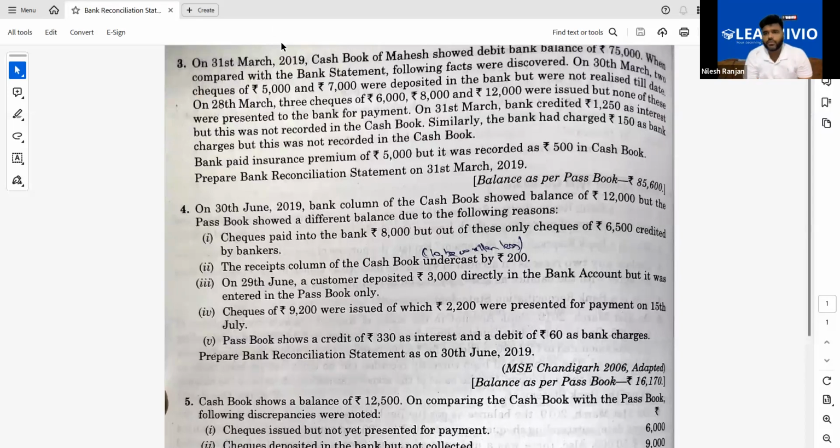So there is a transaction in the bank because the bank has credited the amount. Now, if we are taking this as the cash book and passbook, in this case, the passbook will increase. So we have to increase our cash book also. Because the bank has credited the interest, it means the entry is in the passbook. The first step, that is the impact, is on the passbook and it is increasing. So that's why we have to increase our cash book also.